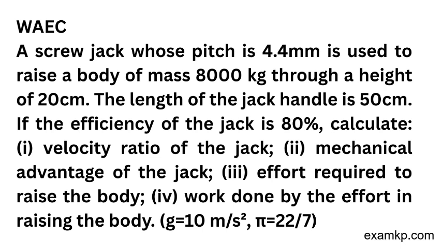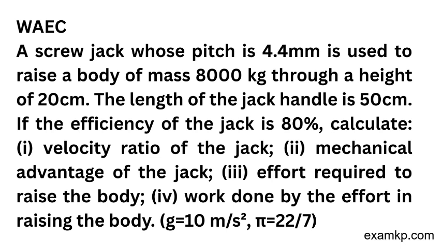We'll break it down. First, the velocity ratio of a screw jack. The formula is 2 times pi times the length of the handle, all divided by the pitch. Just plug in the numbers and you get a VR of about 714.3. Now for the MA. We know the efficiency is 80%, right? So we just rearrange the efficiency formula. MA is efficiency times VR.